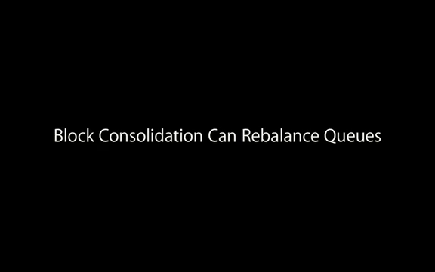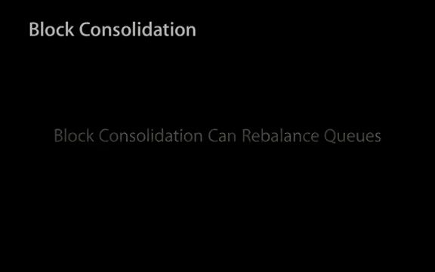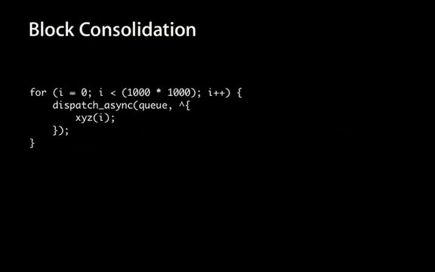So this is what you can do to fix it. You need to reconsolidate blocks. So what does it look like? Well, imagine you had some iterative technology. It won't, or probably won't, be as obvious as this for loop, but we're going to use a for loop for simplicity. And the iterative work that's being done does some dispatch asyncs to a serial queue, and it does a tiny amount of work with that object or iteration.